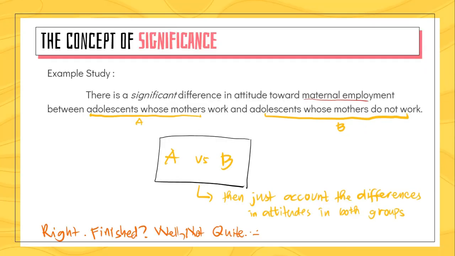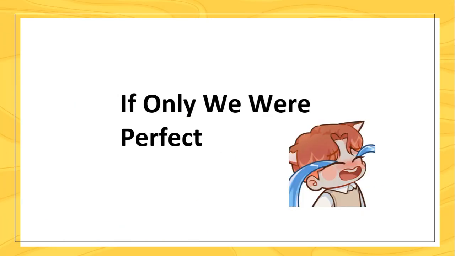Because in this whole paper, there are many things that could go on: the environment of a single individual, how their values are inculcated in them, and so on. So the different aspects that could influence. If we cannot observe all of these, if only we were perfect, it would be just A versus B, but not.